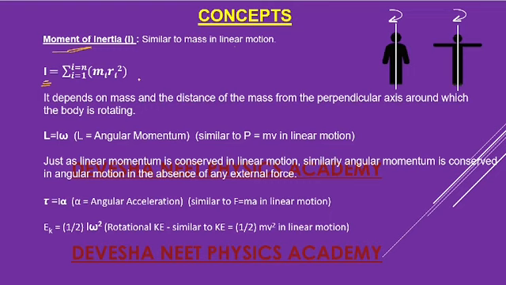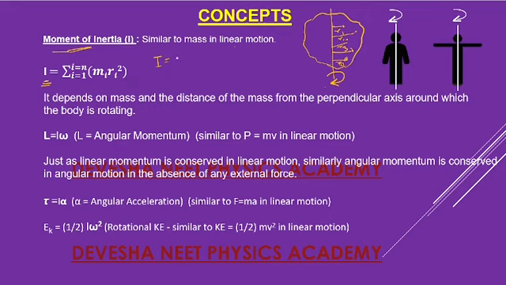So how is the moment of inertia defined? I is equal to, as we have mentioned here, if there are multiple particles in a system, and you have to give some rotational motion to it, imagine there are many bodies here. Each of them will have a certain distance from the rotational axis. So if this is the rotational axis, each of these bodies has a certain distance from it.